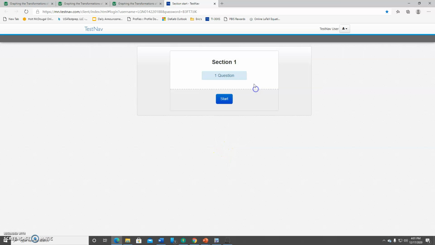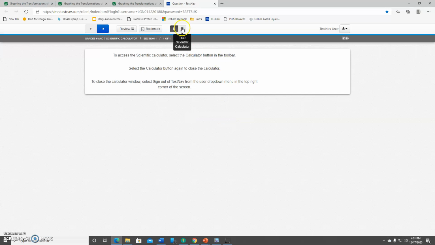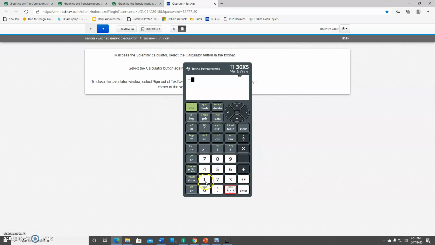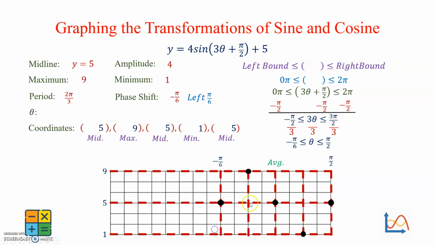So the average, we simply add it up. Negative 1/6 plus 1/2. There we go. So the average, we add and then divide by 2. There's our middle number, pi over 6. Our average, pi over 6.